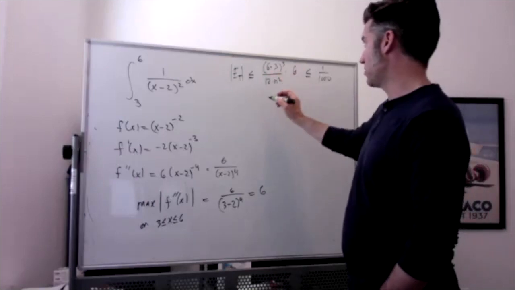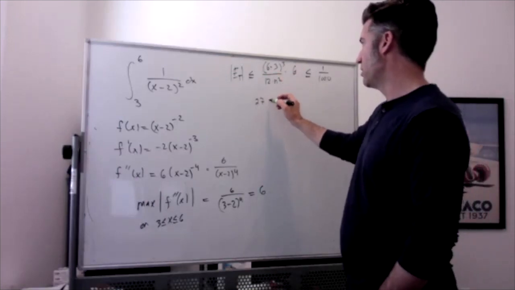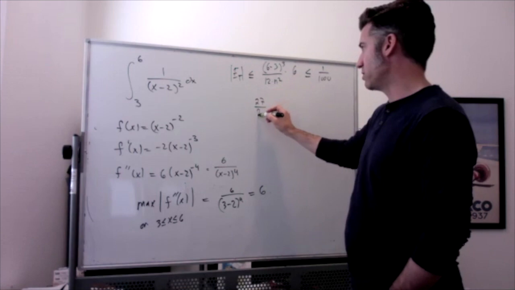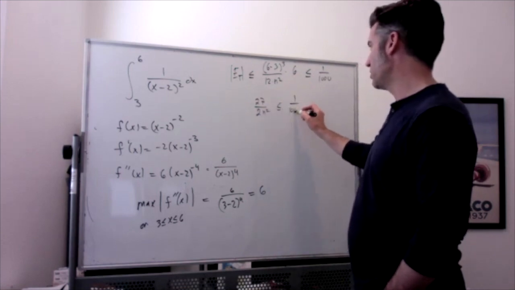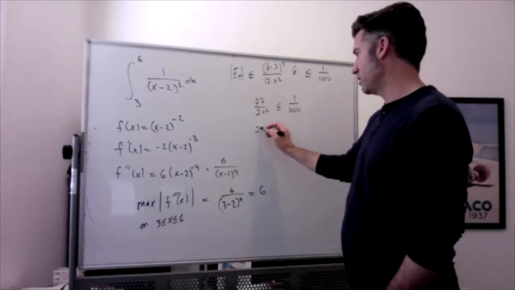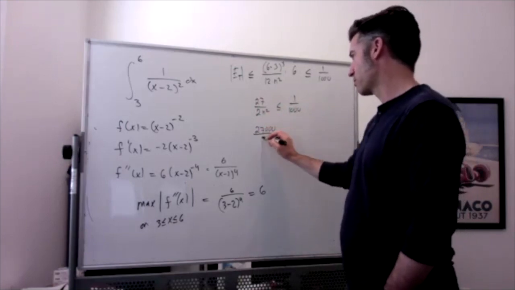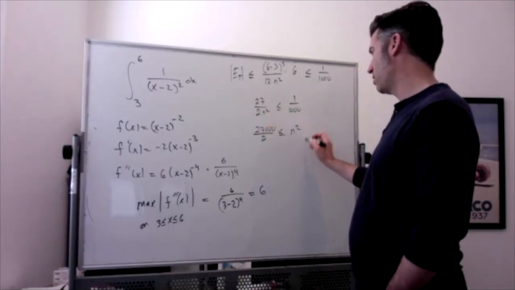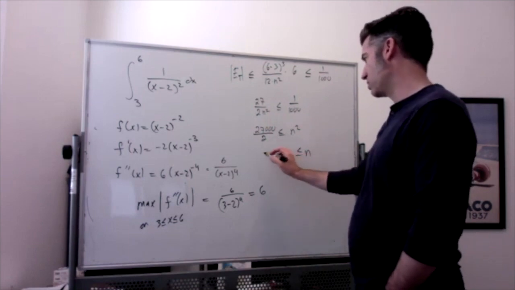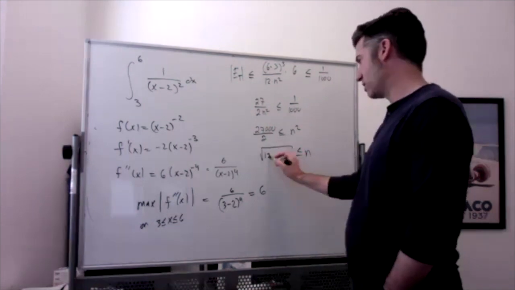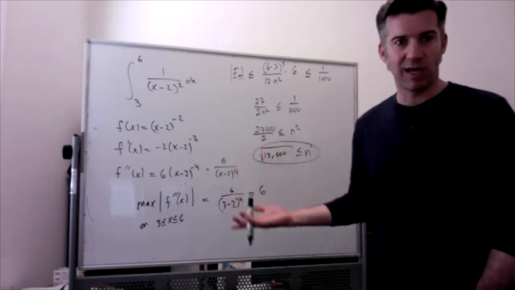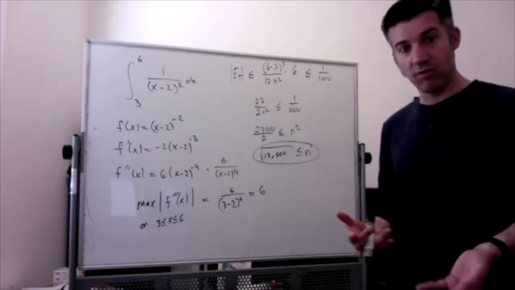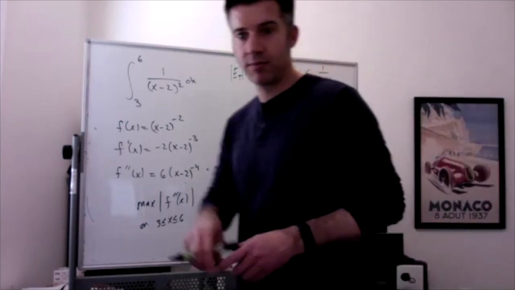We've got 6 minus 3 cubed, so 27. 6 divided by 12 just gives you division by 2. Less than or equal to 1 over 1,000. So multiply both sides by 1,000. Multiply both sides by n squared. So then n would be bigger than or equal to the square root of 13,500. So that's a much easier kind of problem to tackle because the function they gave you was a little bit nicer to deal with. Okay.